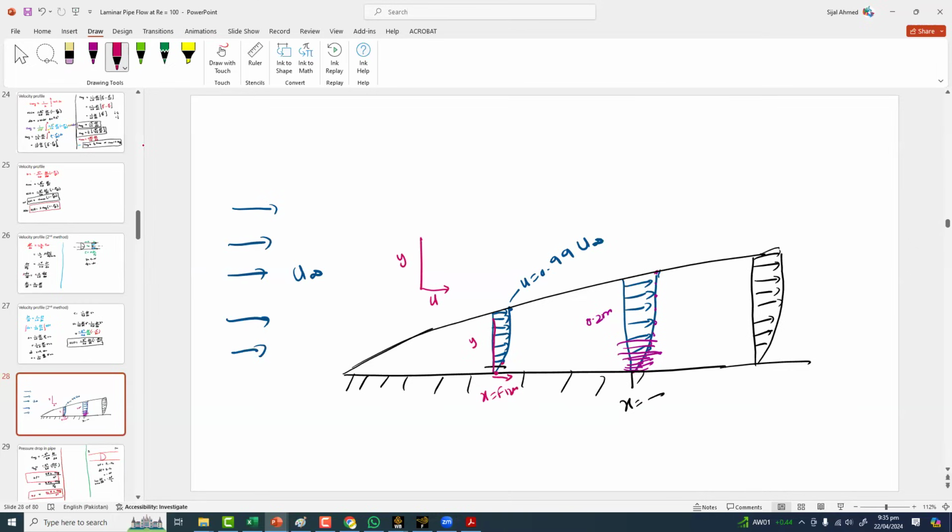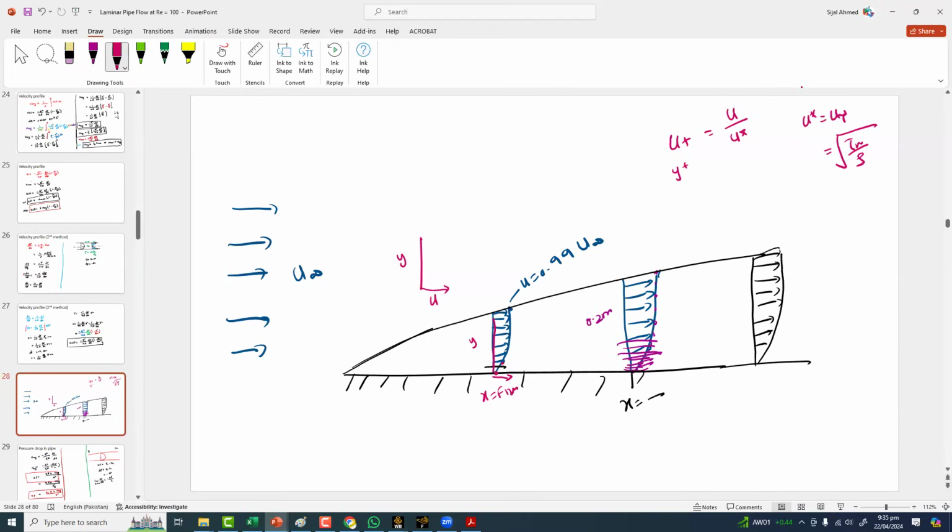Now, if I define some non-dimensional quantities, let's say u plus and y plus, what I'm doing is dividing u by u star. The u star is the friction velocity, u tau, which is equal to the square root of the wall shear stress divided by the density.